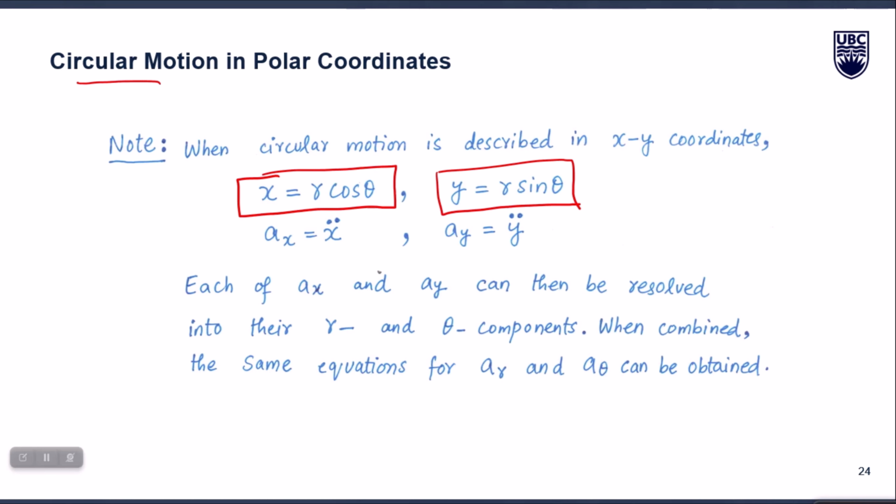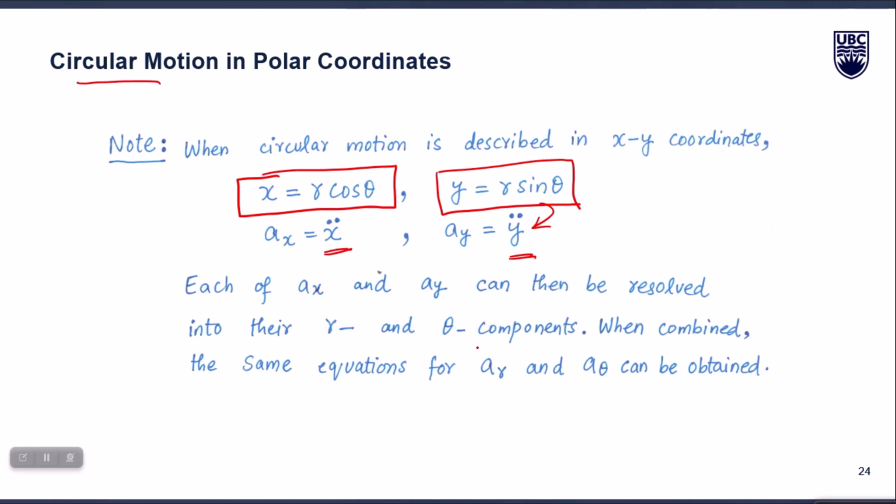At any given theta and r, you can calculate a pair of x and y, and if you plot enough pairs of x and y, you will get a circle, right? Now in the xy coordinate system, we also have the x component and y component of acceleration, which are simply x double dot and y double dot, right? We can take this equation and differentiate it twice, similarly take this equation and differentiate it twice, and they will be our x and y components of acceleration in x and y coordinates, right?